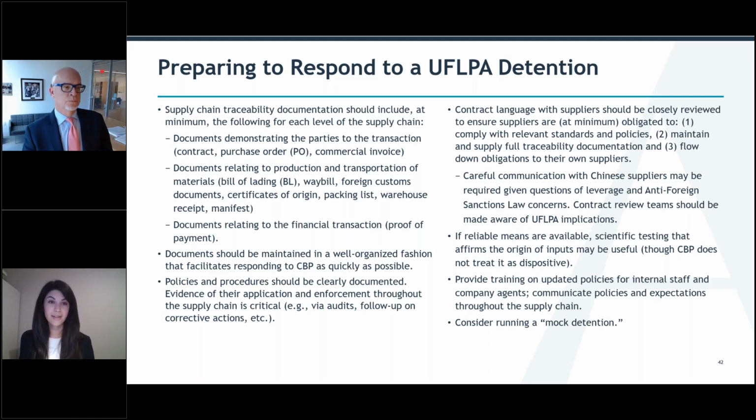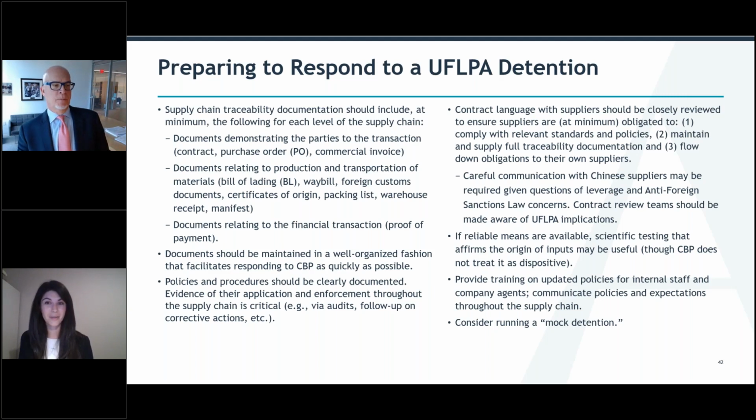And that documentation can't only touch on the importer's tier 1 and tier 2 suppliers, but all upstream inputs reaching back to the raw materials. So if CBP detains a shipment of cotton t-shirts under the UFLPA, it will expect to see supply chain documentation showing the origin and chain of custody of the exact raw cotton that was harvested for that exact shipment of t-shirts, along with any other input.